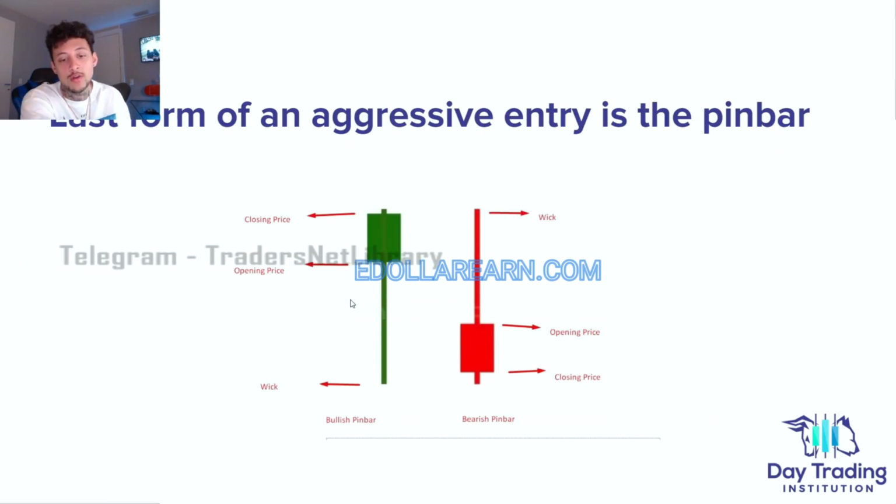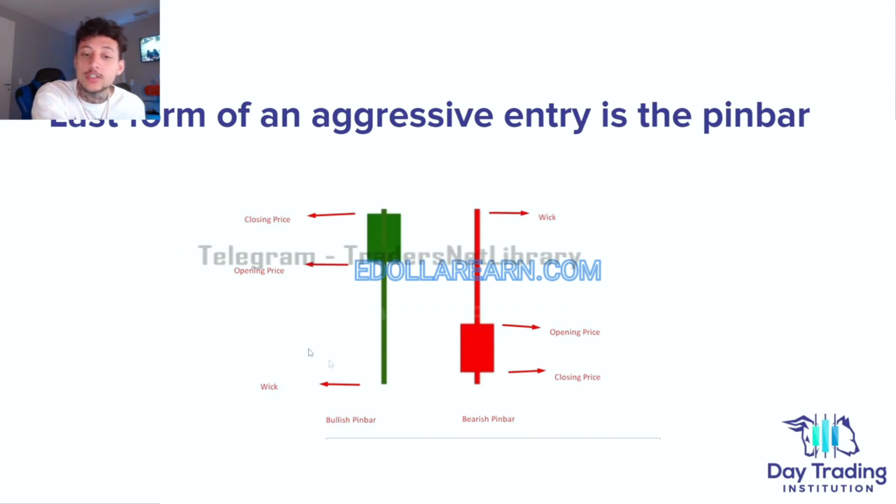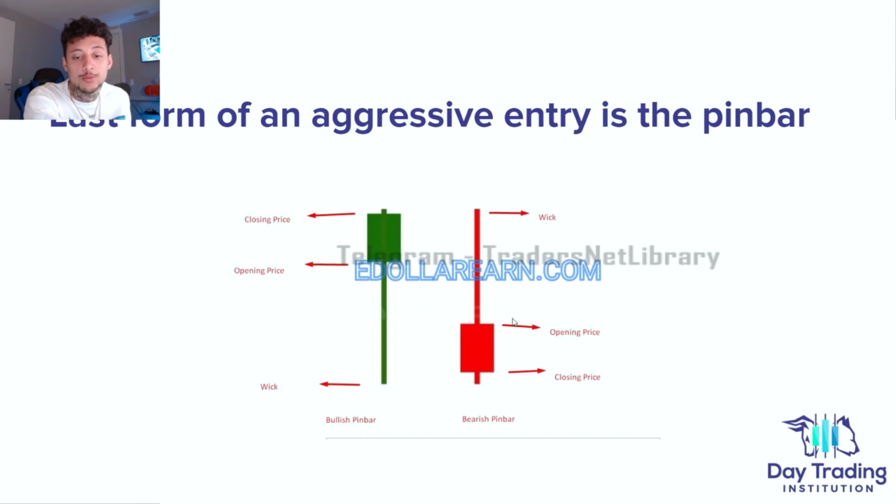This is another form of aggressive entry candle, which is our bullish and bearish pin bar. This is kind of what they look like. With the bullish pin bar, we're going to look to buy at levels of support, and with the bearish pin bar, we're going to look to sell at levels of resistance.